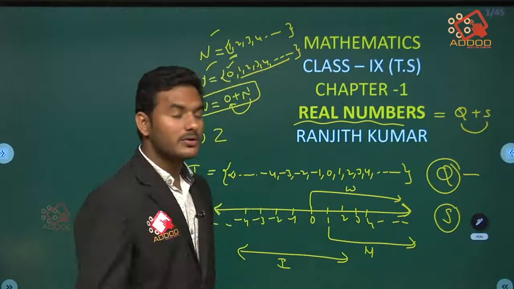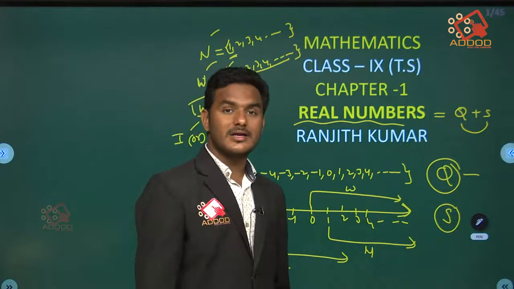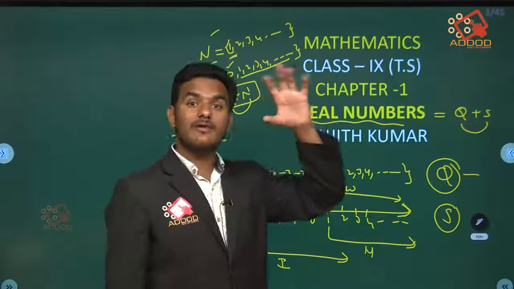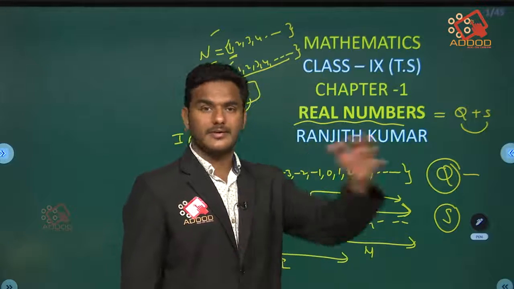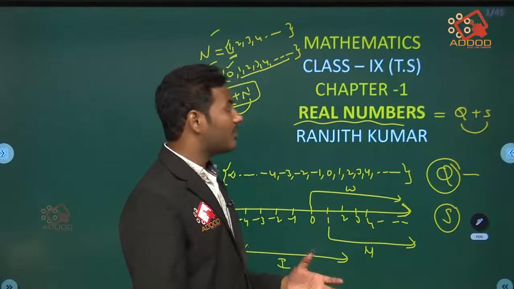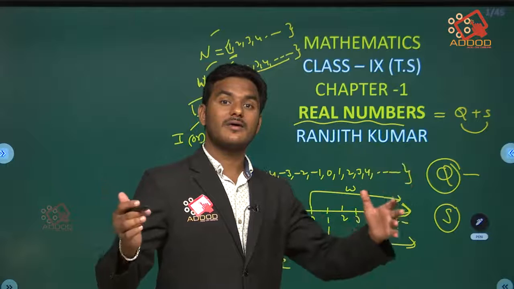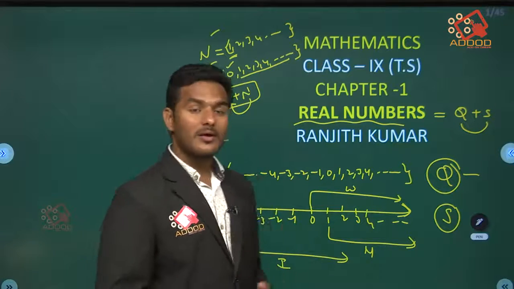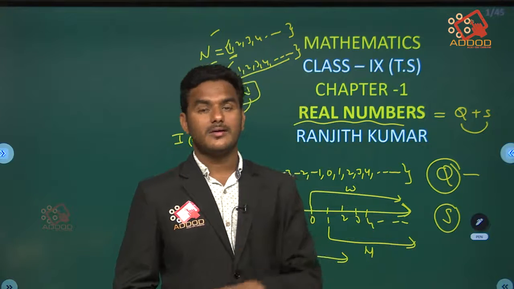The combination of both rational and irrational numbers is the real numbers. So real numbers are like a universal set for all the numbers.